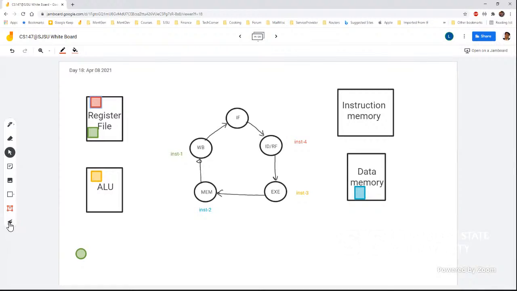How do we solve this problem? Now see, your instruction 1 is specifically writing into the register file, whereas instruction 4 is reading from the register file, right? So we solve this kind of structural problem, we call it a data hazard, by allowing this guy to read and write in parallel.